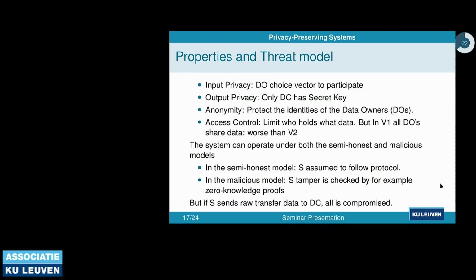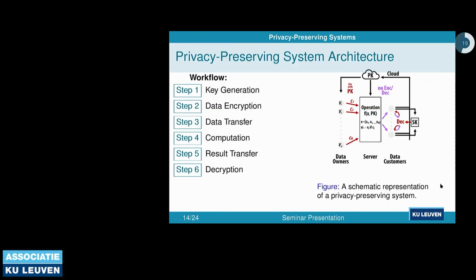Okay, so let's discuss these input privacies and so on. As we can see, whenever the server goes along with our system, most of the things will be as they should. But there are a few things that can happen, but because we don't want to deal with them, we ignore them, or we state specific requirements.